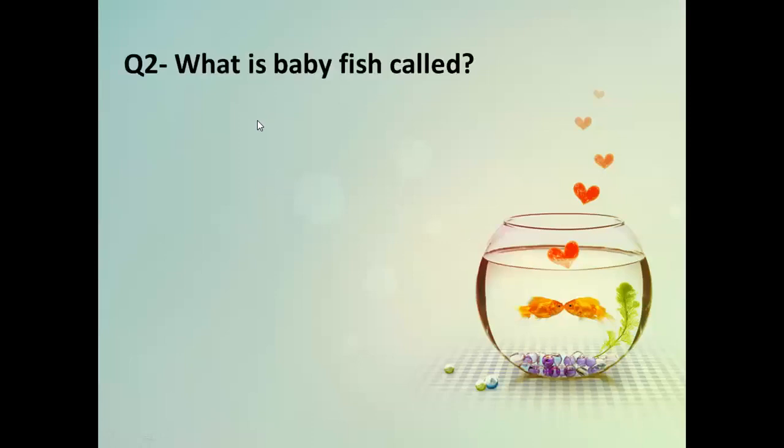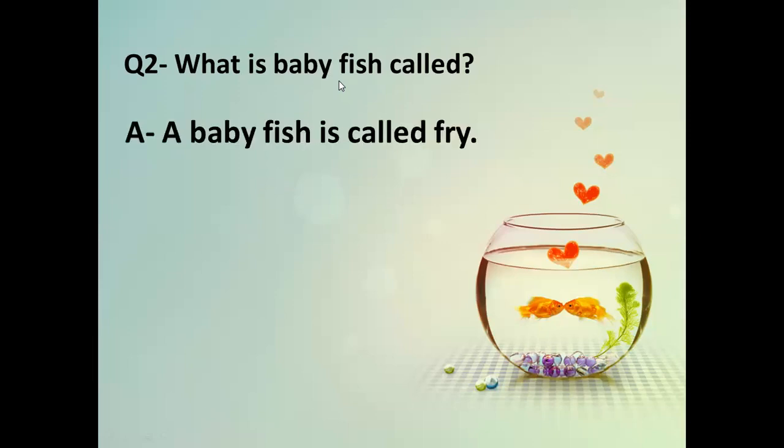Our next question of this chapter is what is a baby fish called? When from a fertilized egg, a baby fish comes out, what will we call that fish? A baby fish is called fry.